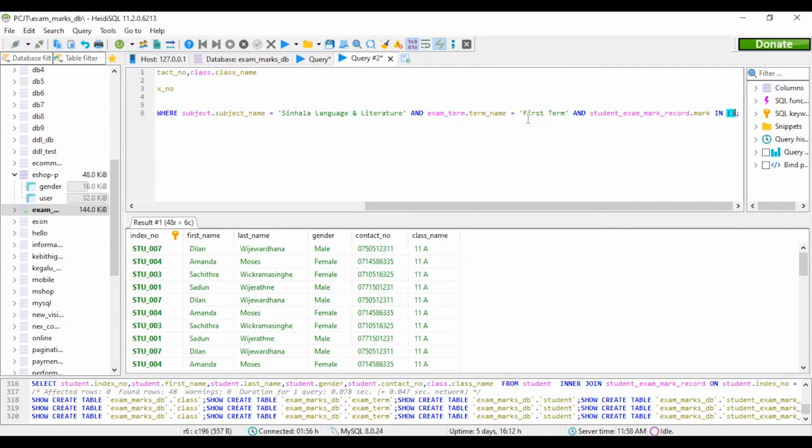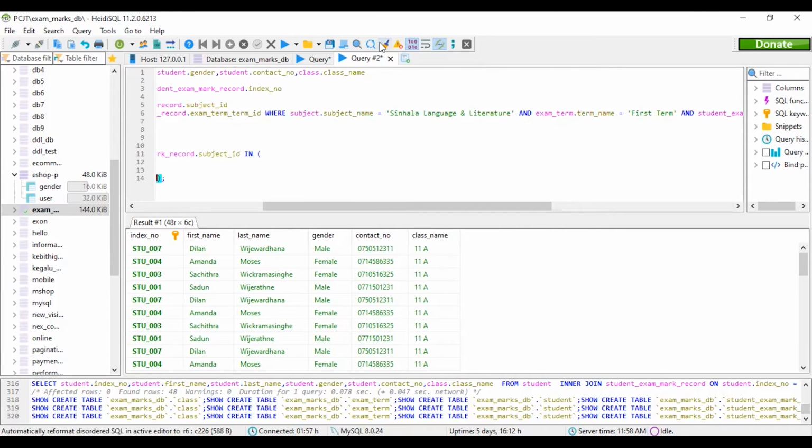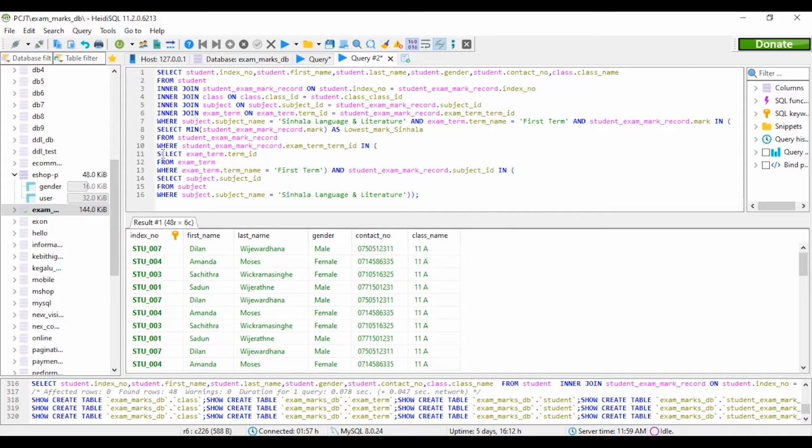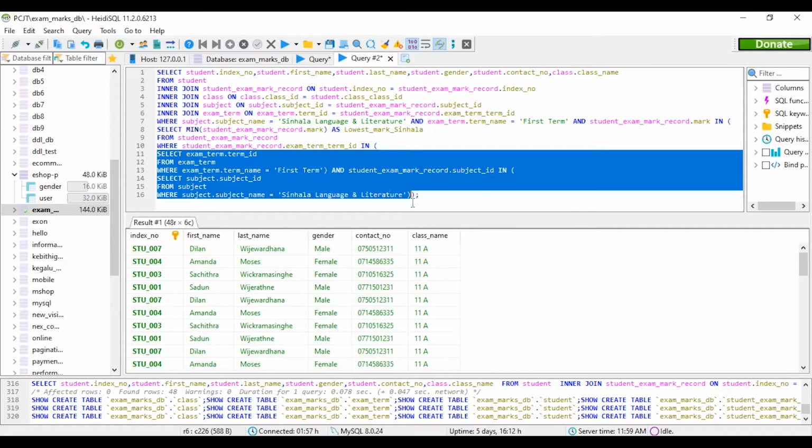And for the minimum mark, we are using the same query we had in our first question like this. So this part of the question, we had this in our first question as well, to find the lowest mark of a single subject in the first term.